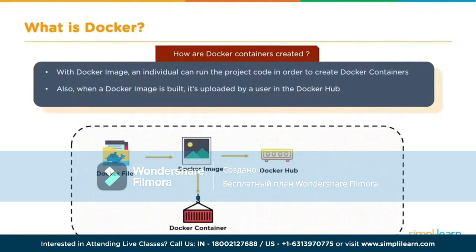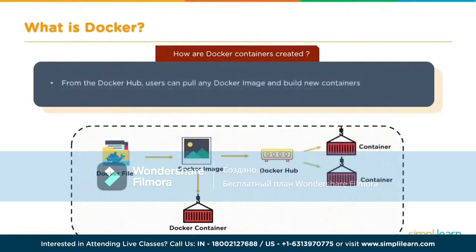And if you want to share that Docker image effectively, you would do so by uploading it to Docker Hub. Docker Hub can be available either publicly through the public Docker Hub website, or you can set up your own private enterprise Docker Hub to share your own images across your own network. And then from Docker Hub, people can pull their own Docker image and build new containers that are consistent with the original Docker container that you created. So it's a great way of being able to have your entire team scale up easily and effectively.